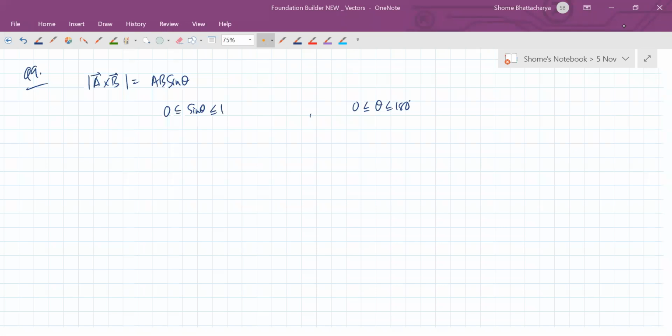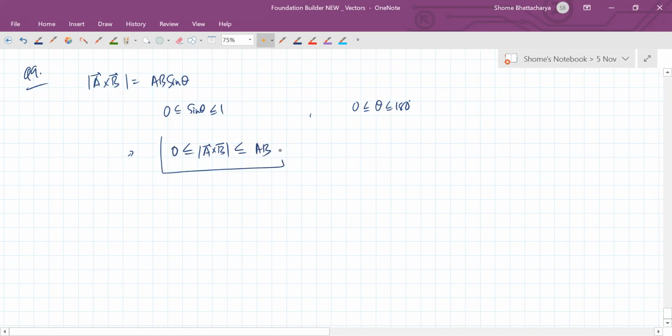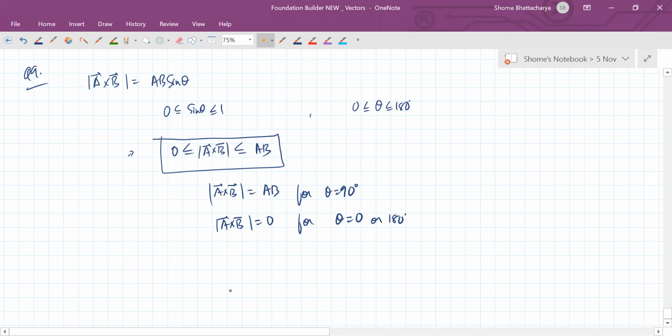So that means mod of A cross B can be anything from 0 to AB. A cross B has a magnitude AB for theta equal to 90 degrees. And A cross B has a magnitude of 0 for theta equal to 0 or 180 degrees.